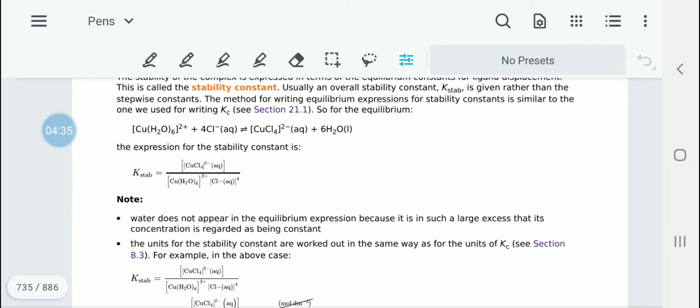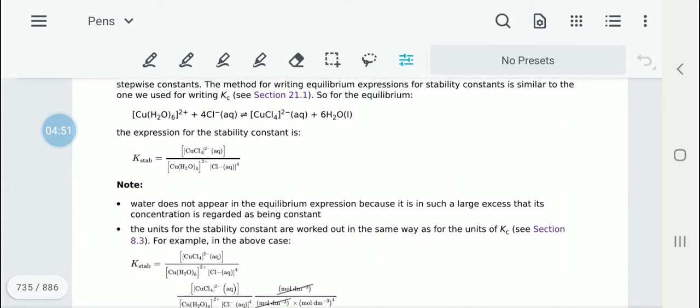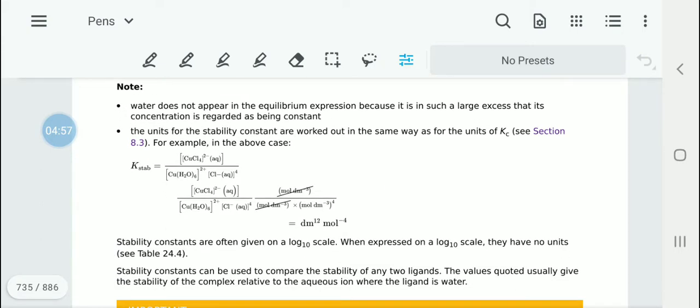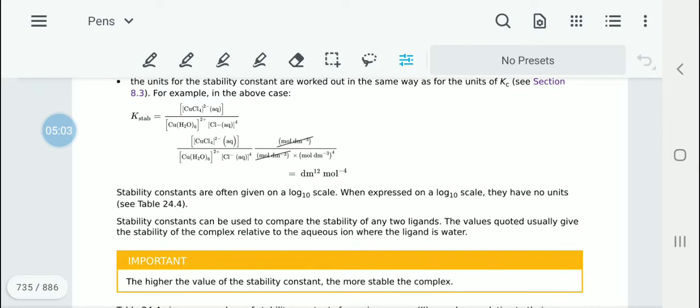The reason why we don't include water is because water is in such a very large amount that its concentration is considered to be constant. Then the units are going to be considered in the same way as Kc, and it is not something that is confusing because we have discussed this many times over.